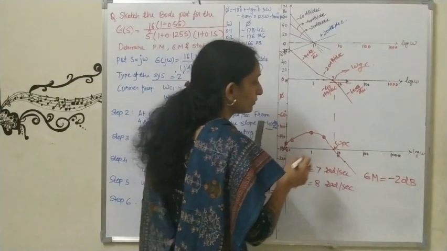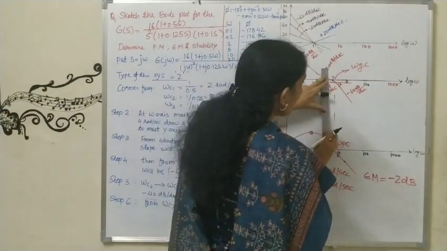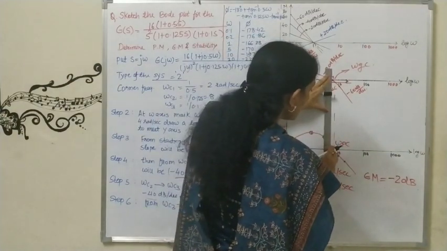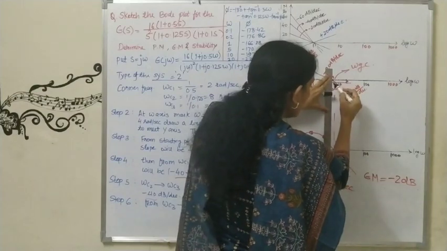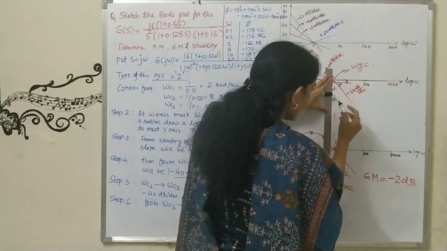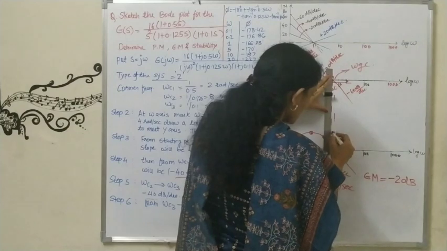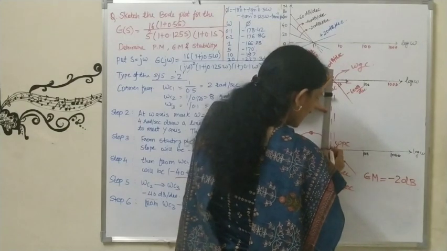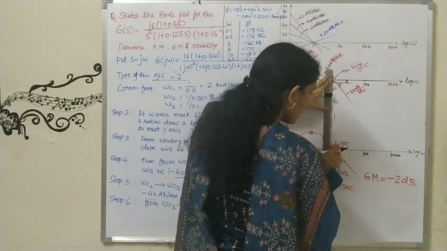Then what about next? From omega GC, I need to draw the dotted line so that it will intersect the phase plot. Look at this, it is intersecting the phase plot here.